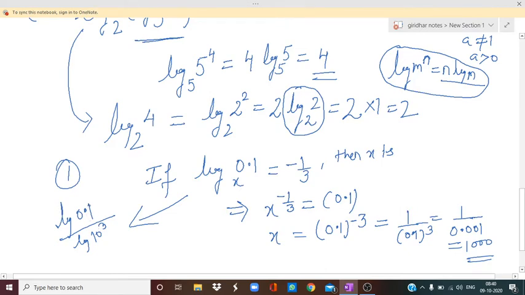And then 0.1 also can be written as log 10 to the power minus 1, because 1 by 10 it is. And here it is log 10 to the power 3. Power rule we will apply, we will get minus 1 by 3. See, minus 1 will come this side, 3 also will come this side, and which is what? Minus 3 is your answer.